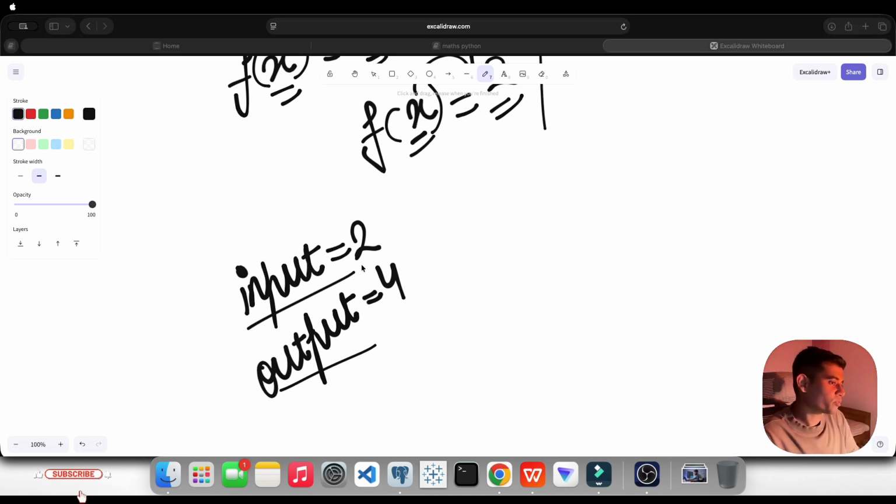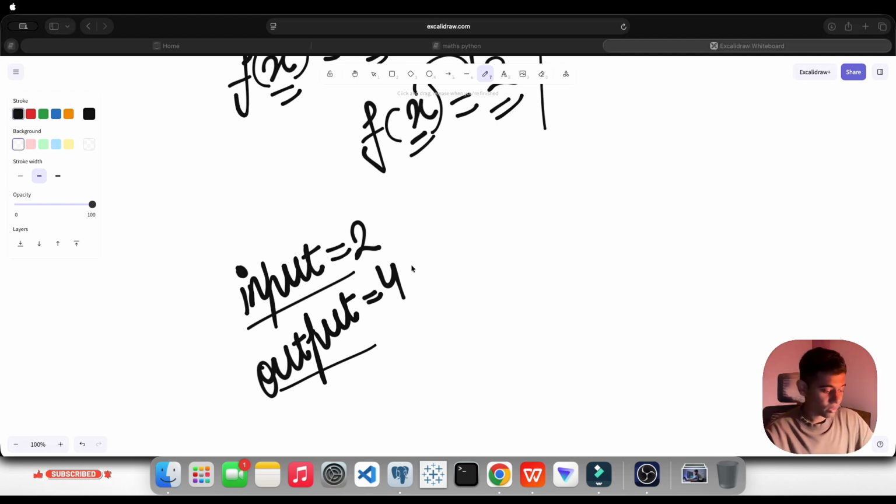So for every input there should be only one output from this equation that we have known, and this is what we call function. And one more thing, suppose one input gives multiple outputs for some reason, then that is not called a function, right?